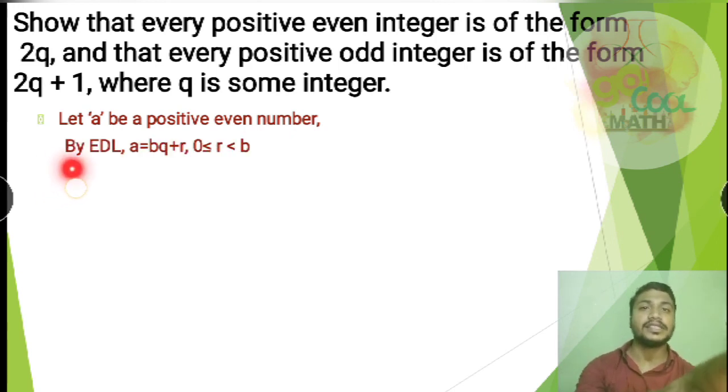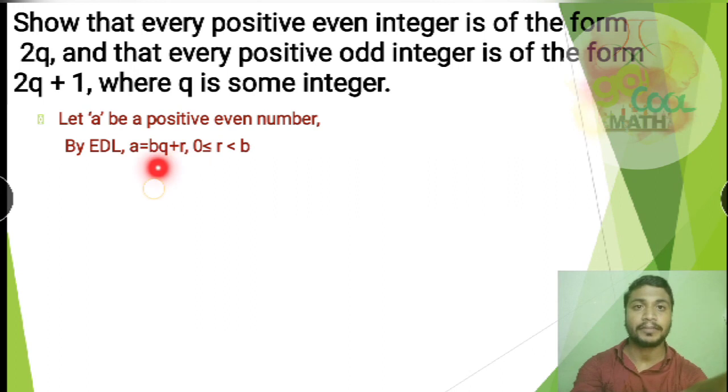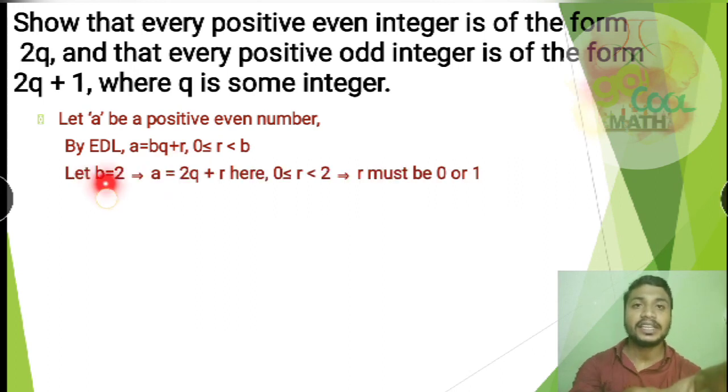So let us consider the Euclid division lemma, that is a is equal to bq plus r, 0 less than or equal to r less than b. And we have to consider a as dividend, b as divisor, q as quotient and r as remainder. And the divisor is 2 here and let b is equal to 2.